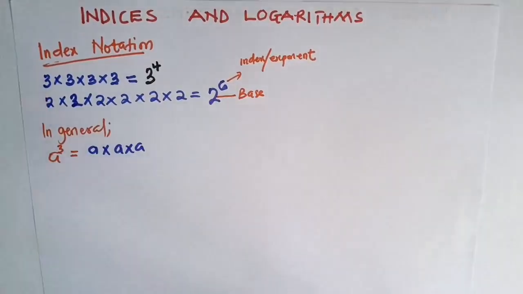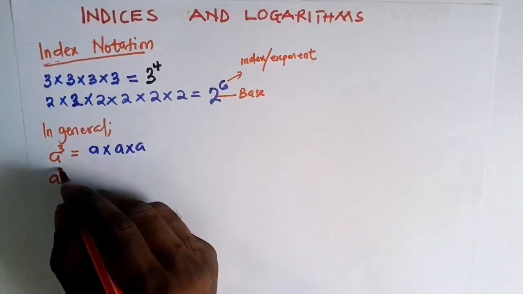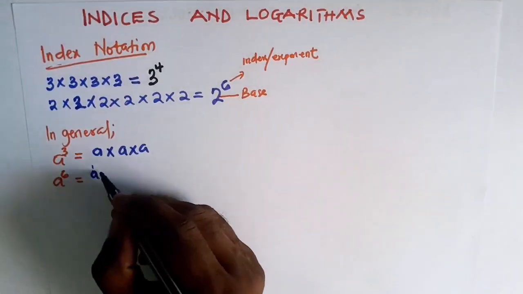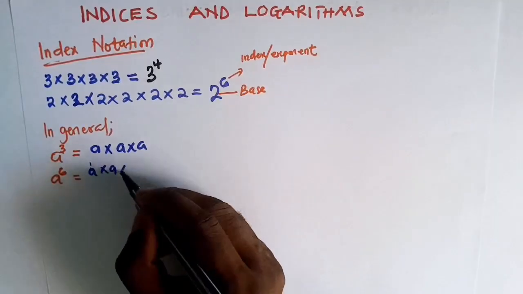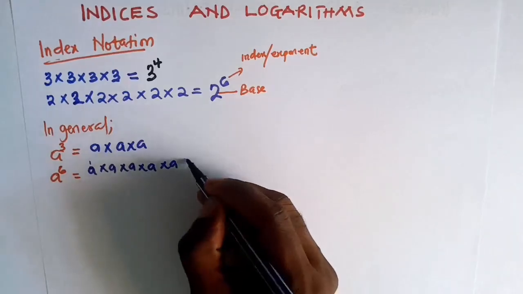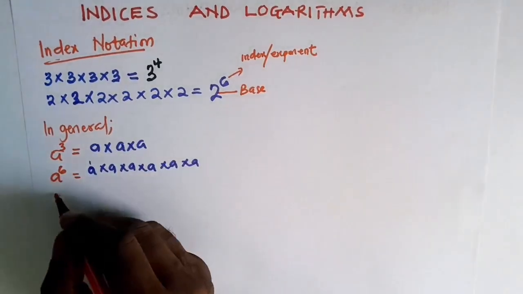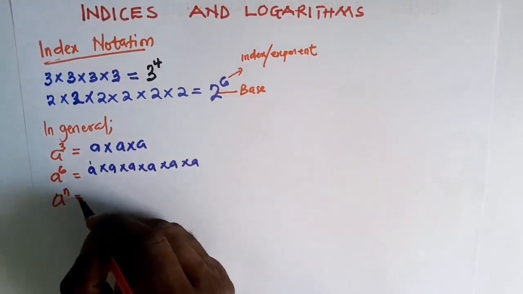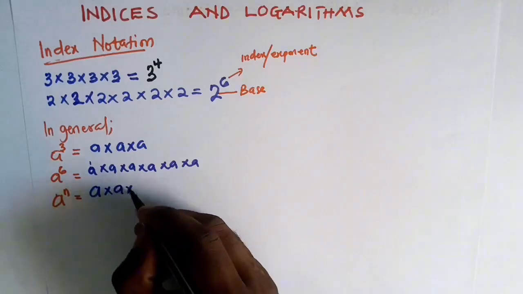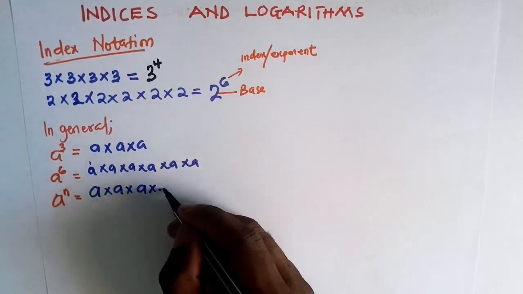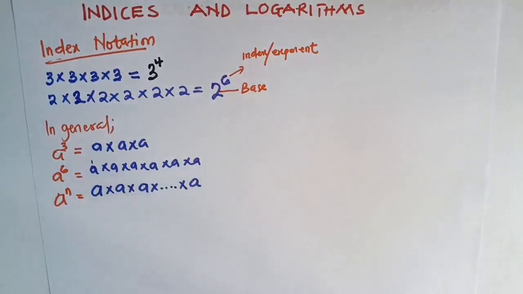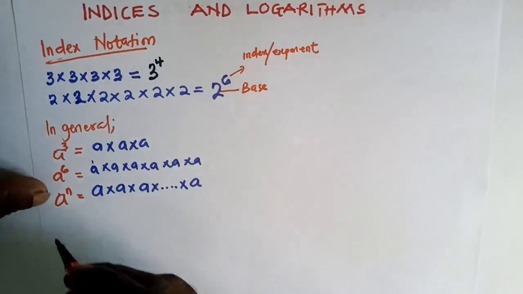What if you have a power 6? How are you going to write it? That will be a by a by a by a by a by a. Then finally, we have a power n, which can also be written as a by a by a, and so on. So let's look at a few examples.